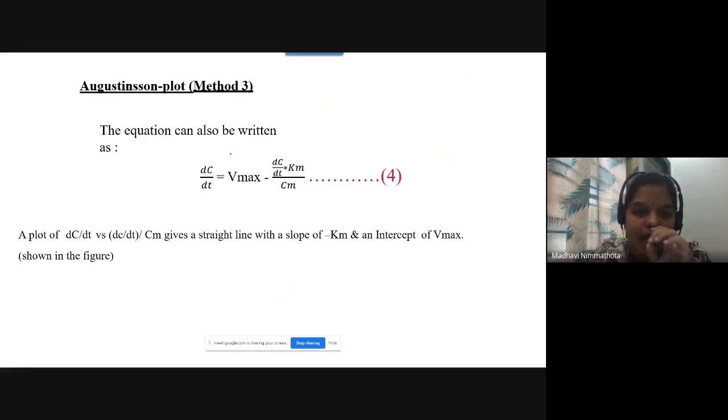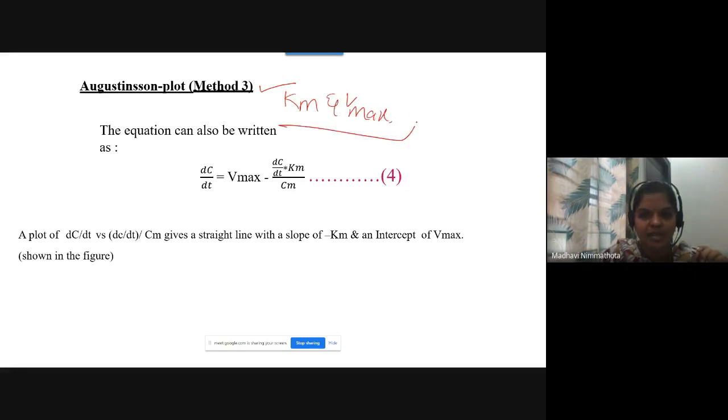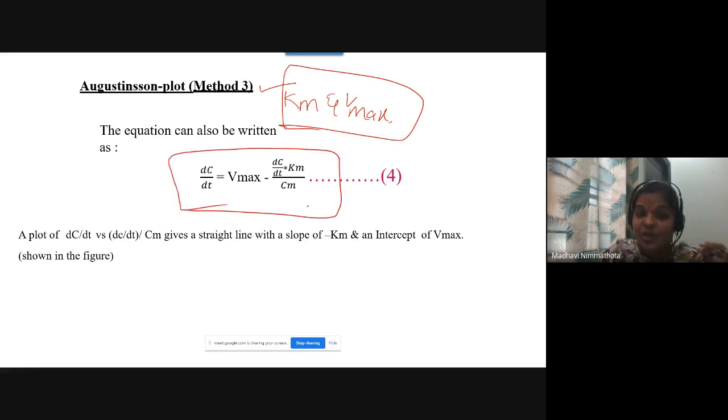And the third scientist, this is the Eadie-Hofstee plot. This is the third method which directly estimates the Km and Vmax parameters. So you can write this equation directly. From which equation do you get this equation? From equation 1.